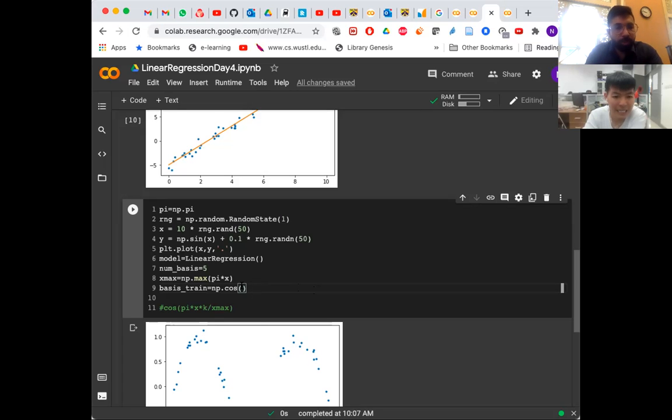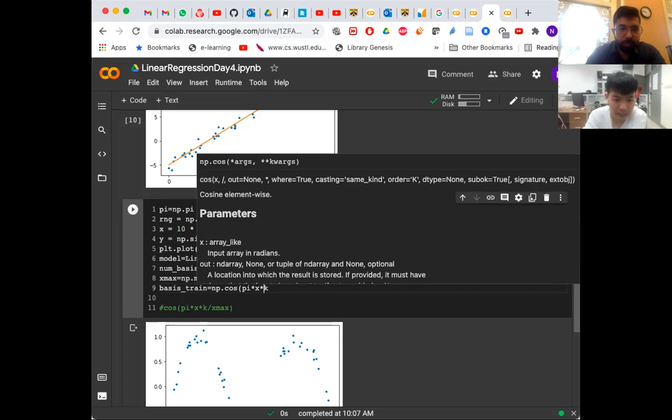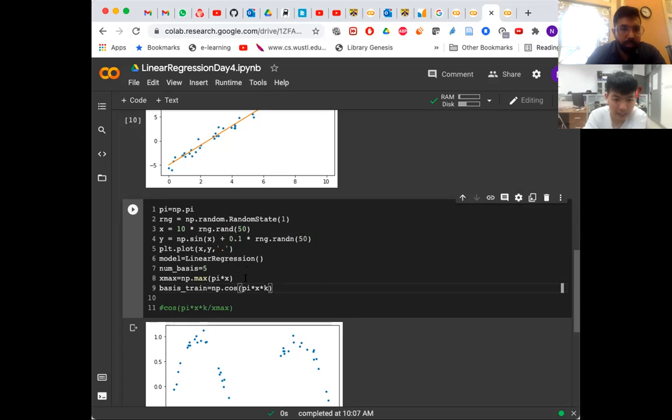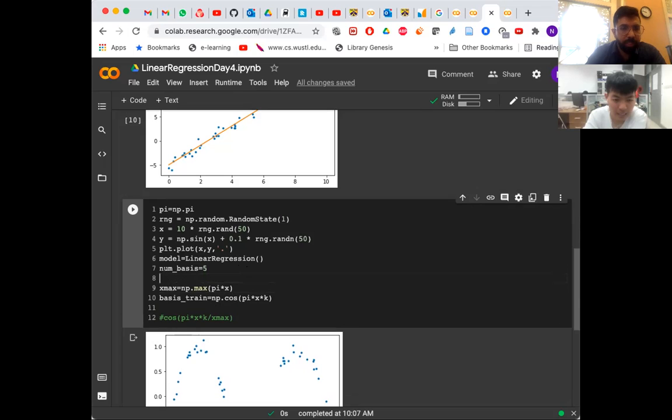Okay, so now let's see what do we need. So we would have pi times x times k. I have to first define what k is. In the previous case, where is my basis? Okay, it's here. So k would be np.arange of num_basis. Again, I'll use +1 because I'll not count 0. I'll just count from 0 to m, so that's why I add a 1 here.